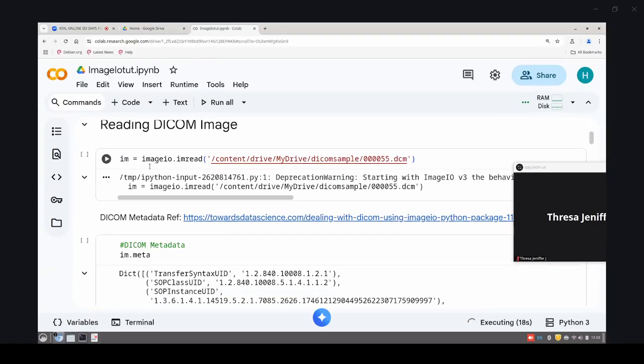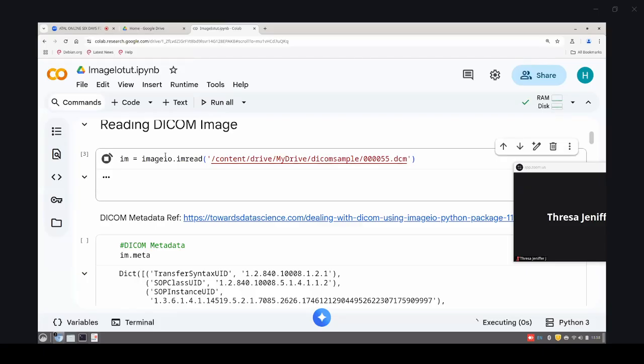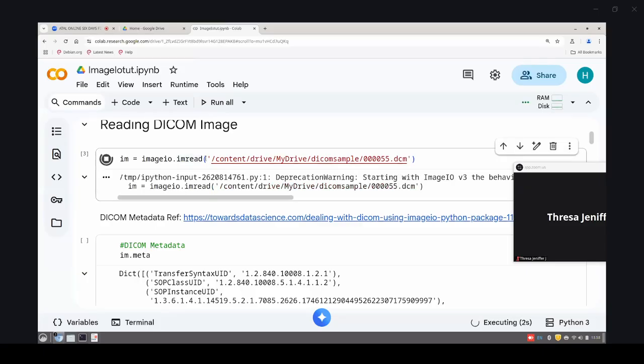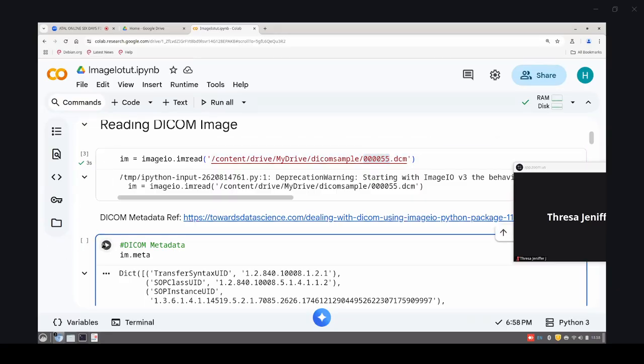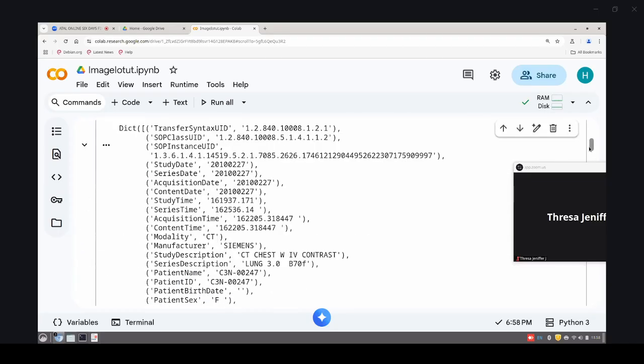Instead of dcmread in the PyDICOM library, here we use the imageio imread function. And I am reading this CT scan image 00055.dcm, and you can see im.meta will have the metadata associated with the DICOM file.